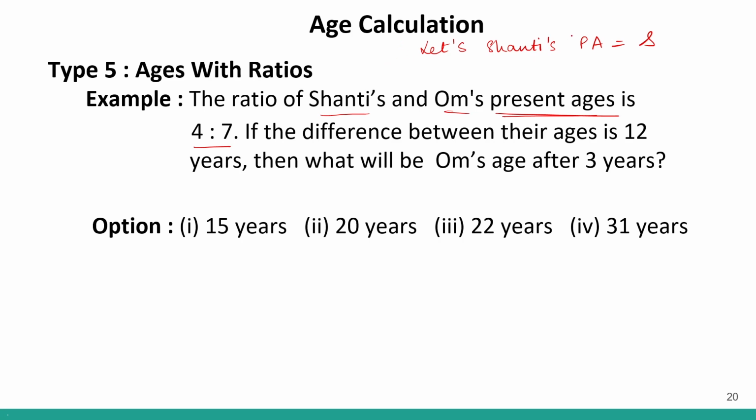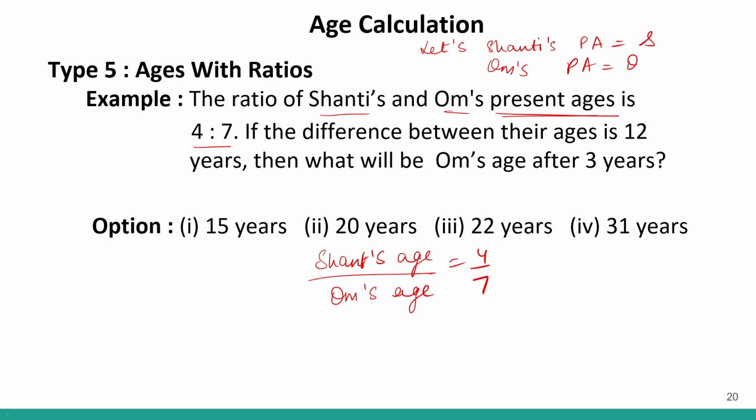Okay, so let's say Shanti's present age is S, and for Om's present age, I am taking O. Now, in the question it is given that the ratio of Shanti's and Om's present age is 4:7. So Shanti's age upon Om's age is 4/7.